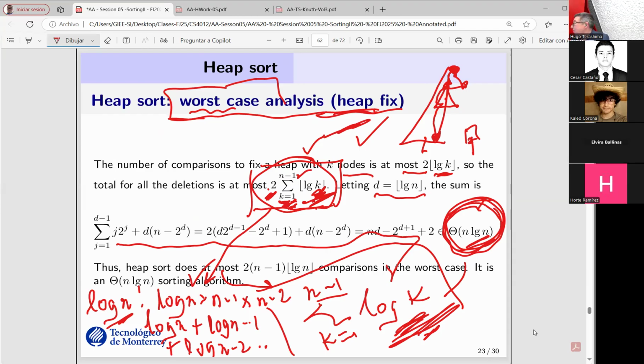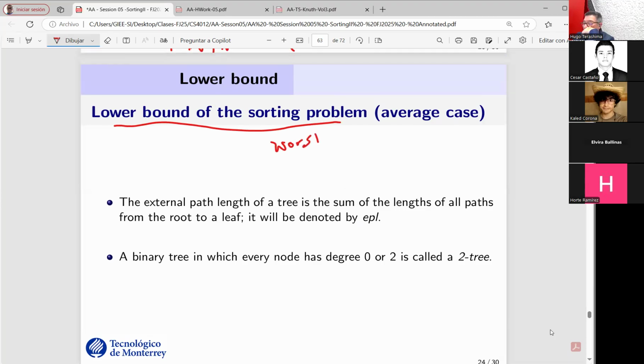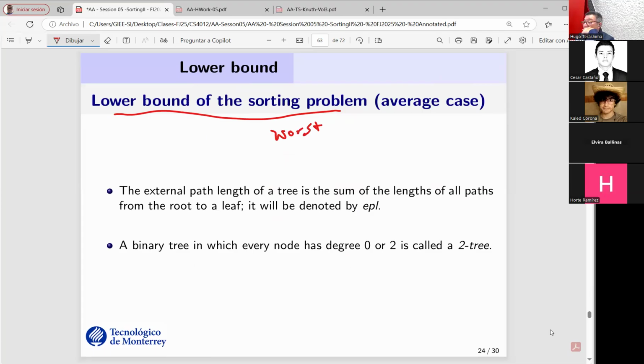So I'm going to try to show you the lower bound of sorting in the average case, and let me just give you the basis for this. When we did the lower bound of the sorting problem in the worst case, remember, we had a comparison tree.